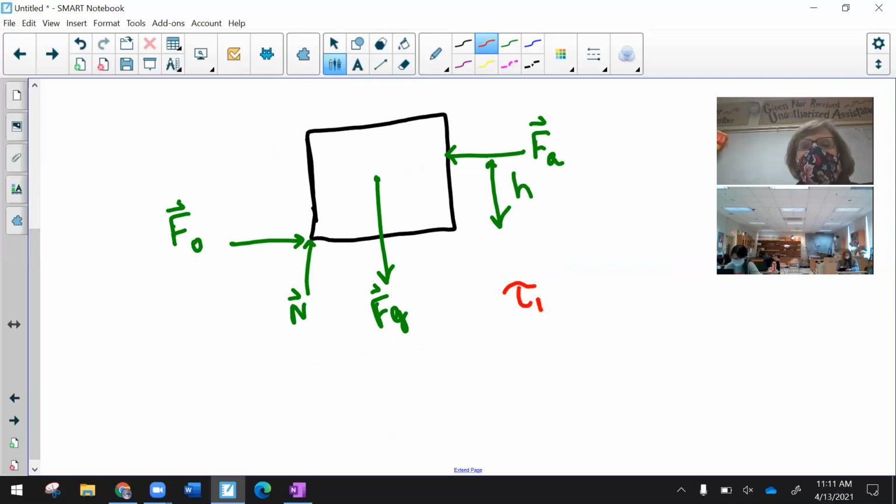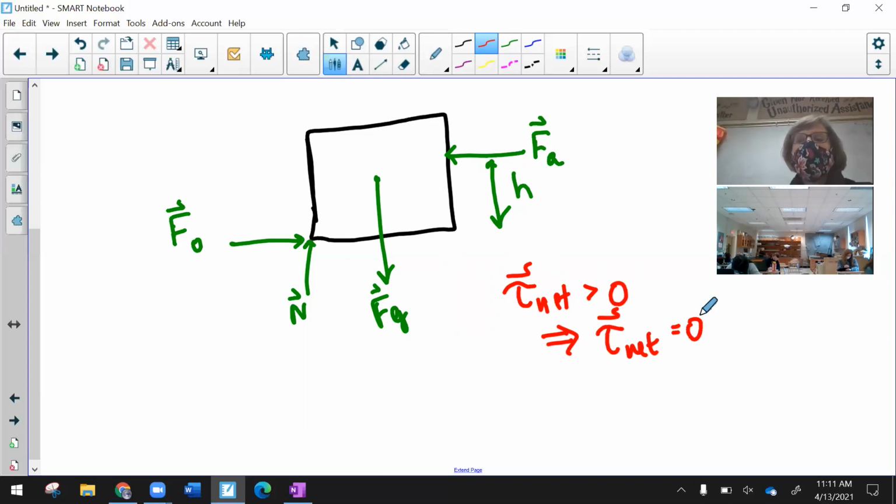And while I want the net torque to be just barely greater than 0, if I'm looking for that least height, I can figure out where tau net is equal to 0 and then know if I push any higher, I'm going to be moving. Okay, so we've used this technique before.